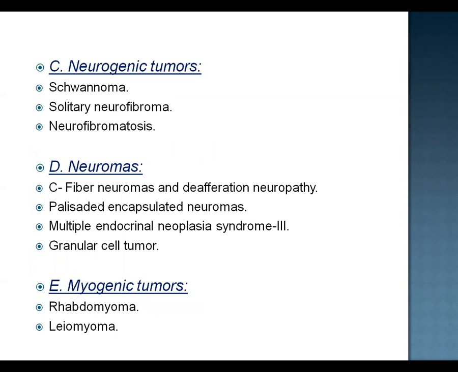Next is the neurogenic tumors, that is the schwannoma, solitary neurofibroma, neurofibromatosis. The neuromas are classified into fibrous neuromas, palisaded encapsulated neuromas, multiple endocrine neoplasia syndrome 3, and granular cell tumor. Myogenic tumors are the rhabdomyoma and leiomyoma.